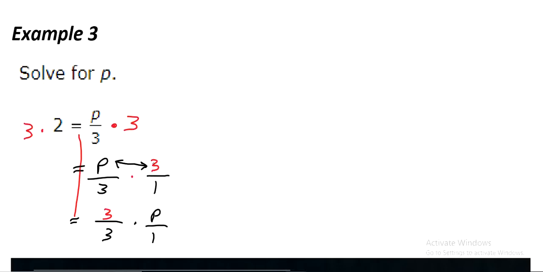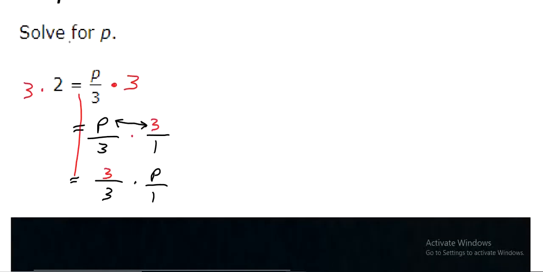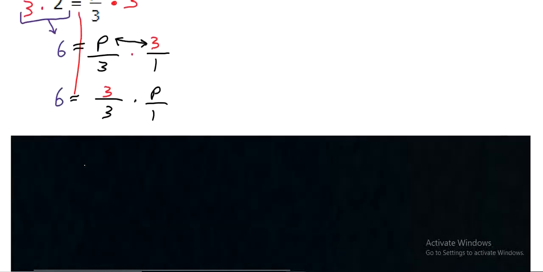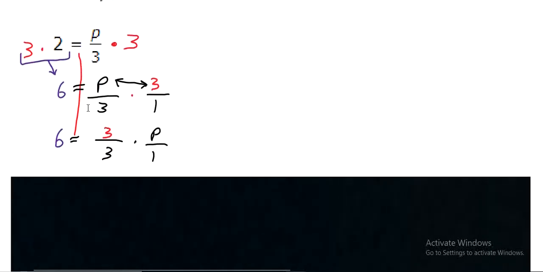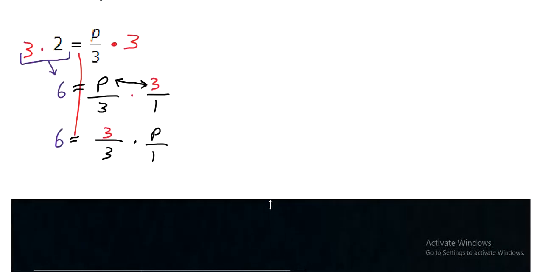When I do multiplication, the order doesn't matter. I can switch them around. Over here, I want to keep track of what's going on this side. So 3 times 2 is 6. Six will drop down with me. Extend my line down.